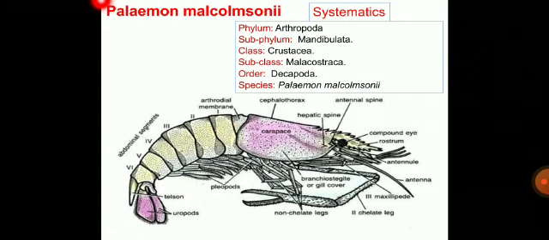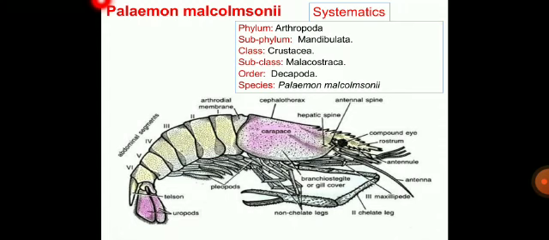This particular slide will give you the morphology of the prawn, that is Palemon malcolmsoni, a freshwater prawn, Indian freshwater prawn it is commonly called, and its systematics being: it comes under the phylum Arthropoda, subphylum being the Mandibulata, class is Crustacea, then subclass is Malacostraca, and the order being Decapoda, and the species is malcolmsoni.